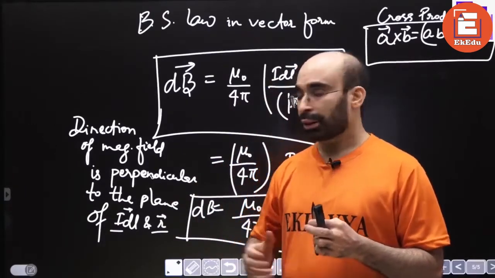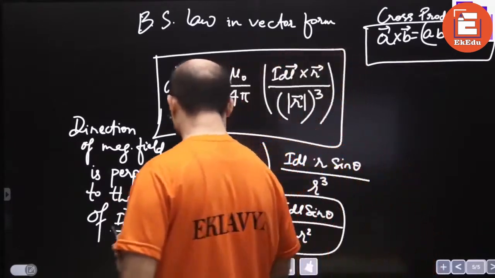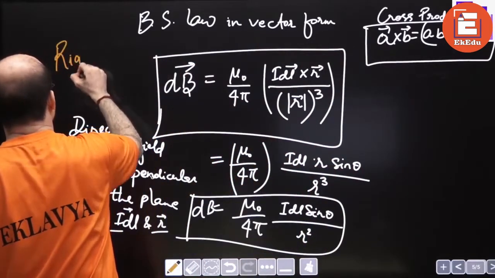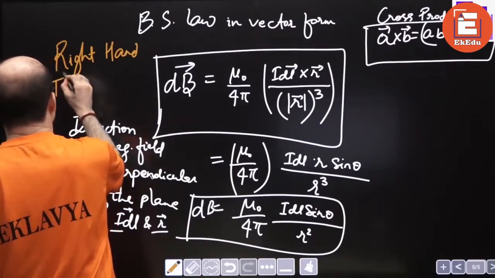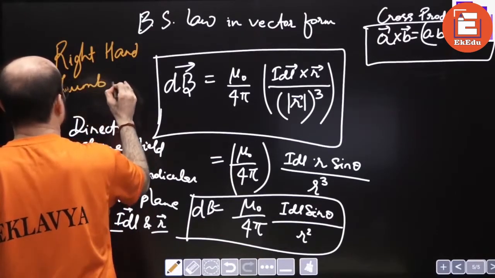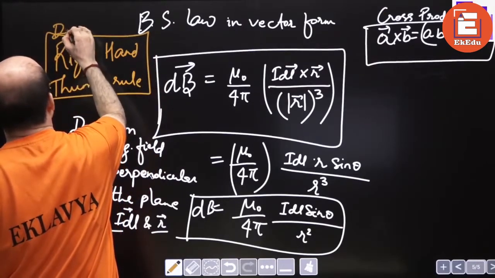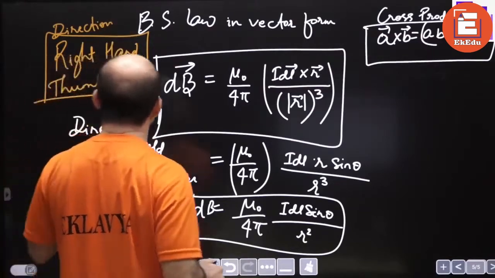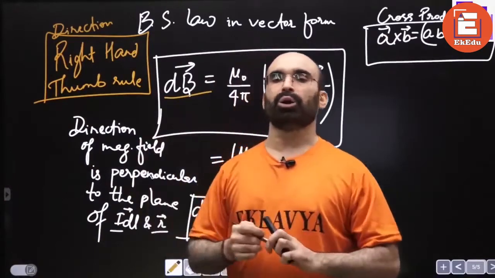So this direction is determined by the right hand screw rule, or right hand thumb rule. The direction of this magnetic field is determined by the right hand thumb rule.